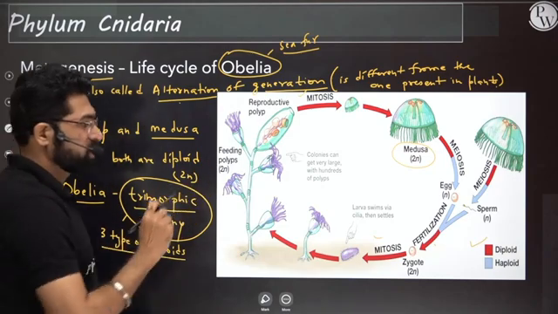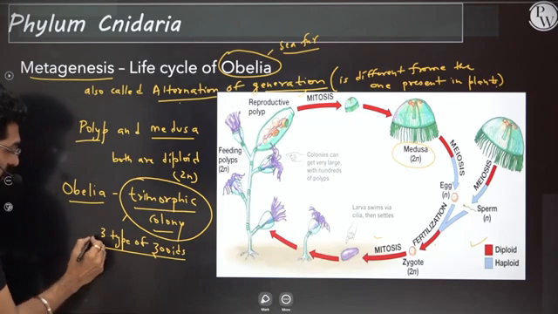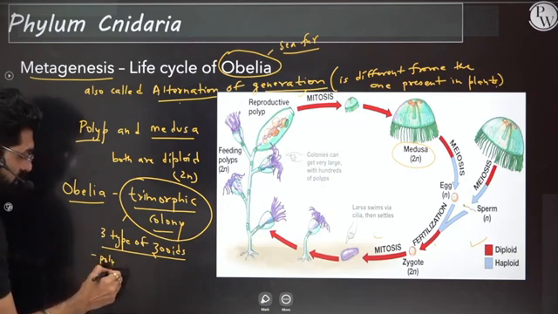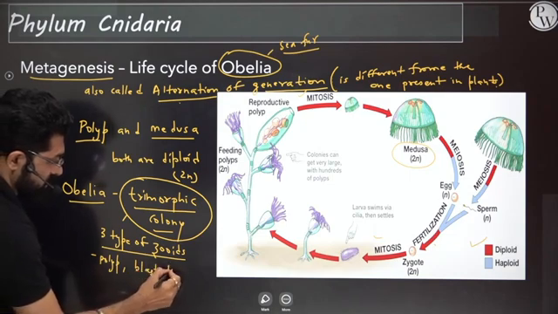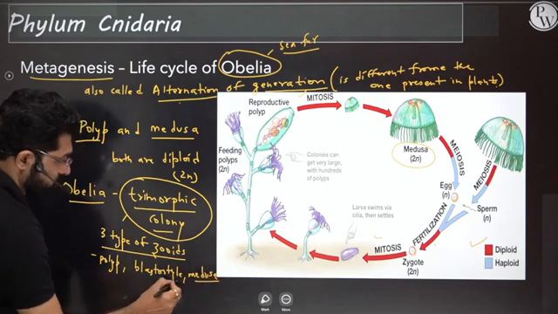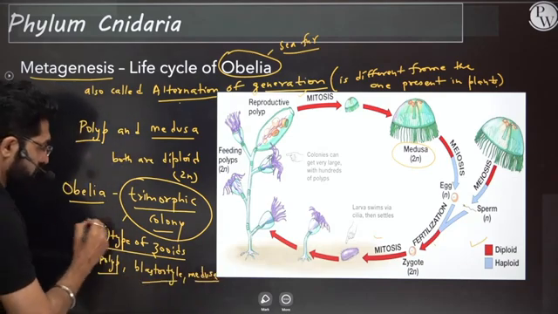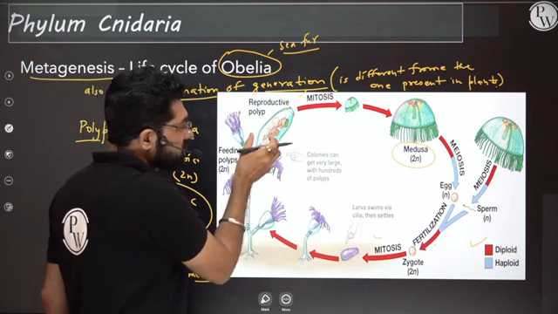What are those three types of zooids? One is the polyp, the other is the blastostyle, and the third one is the medusa. So this blastostyle is a reproductive polyp.